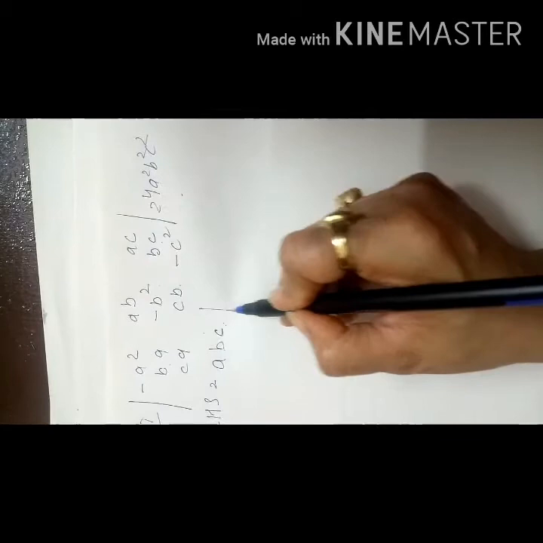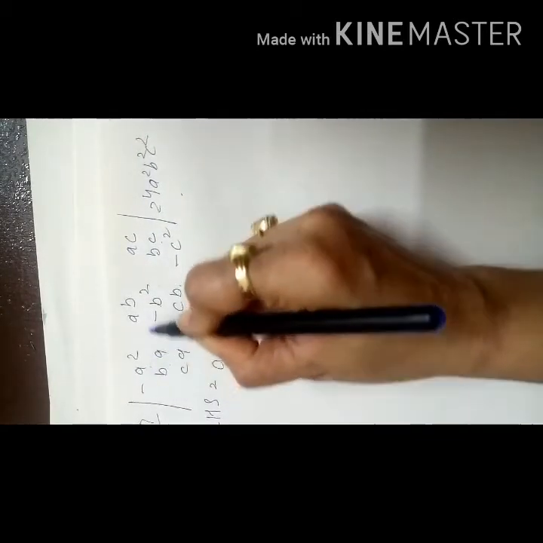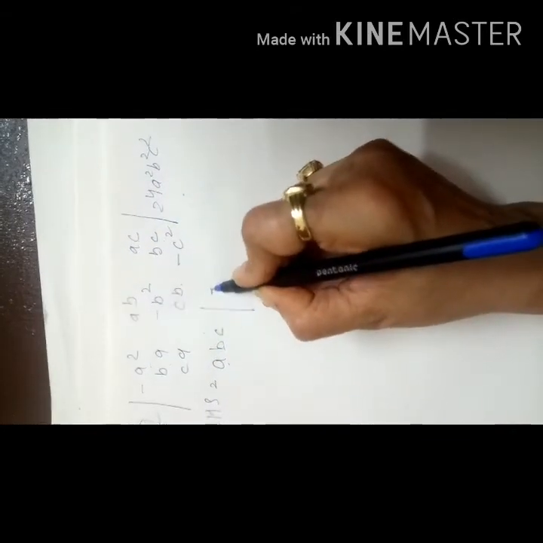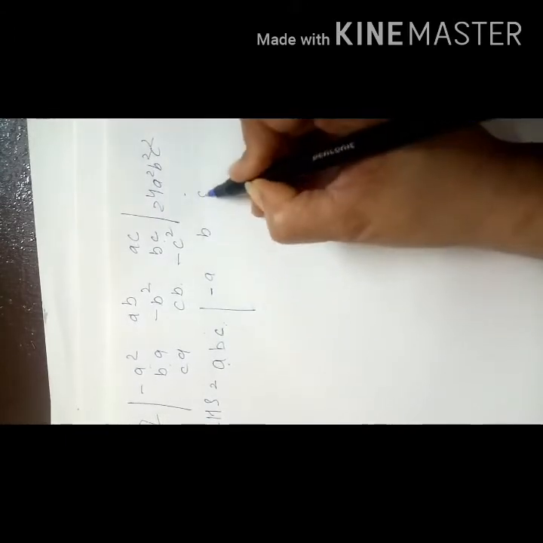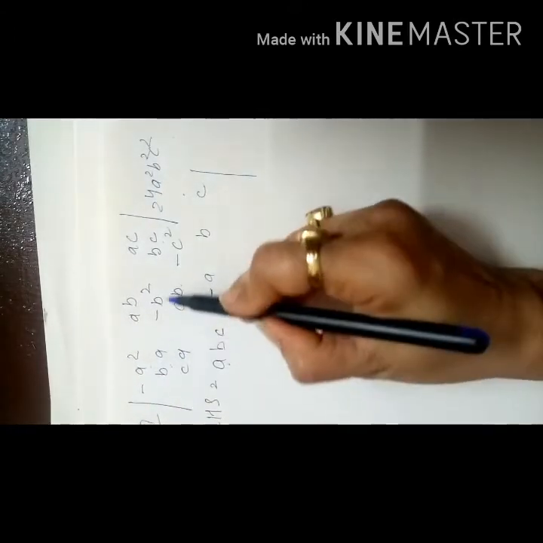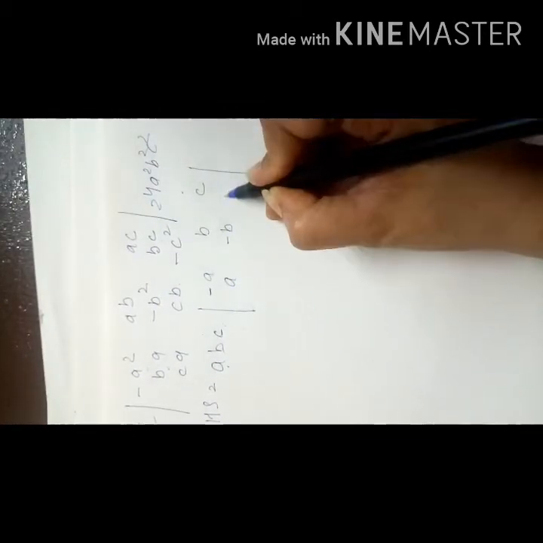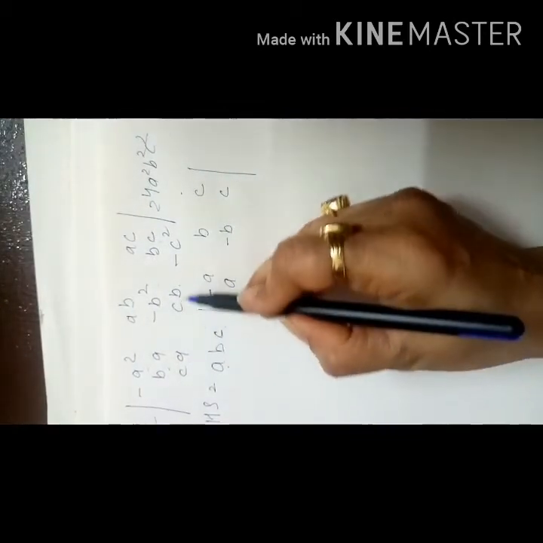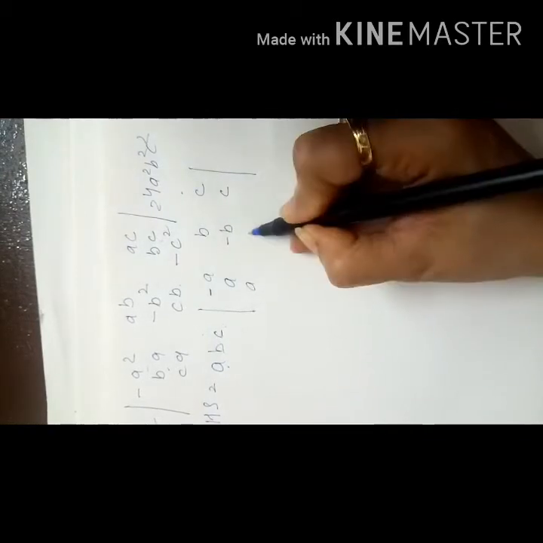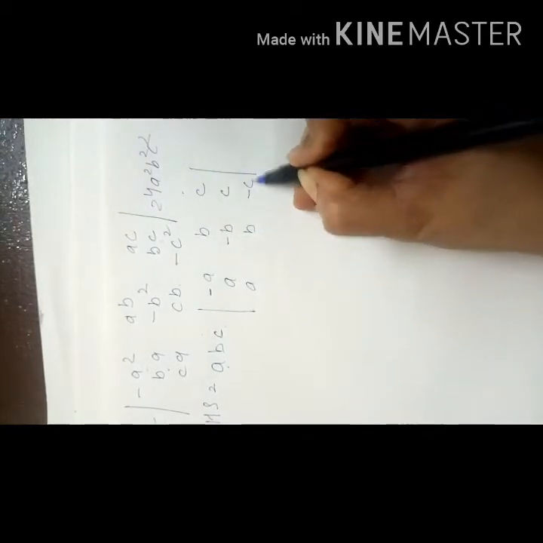Okay, don't get confused. Now a will be taken common from R1. So what is left? Minus a, b, c. Then b we have to take common from R2. What is left? a, minus b, c. Then we have to take c common, a, b and minus c.